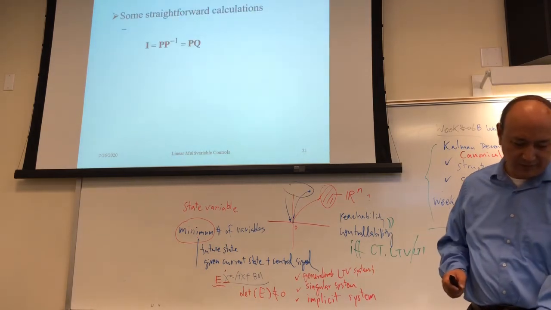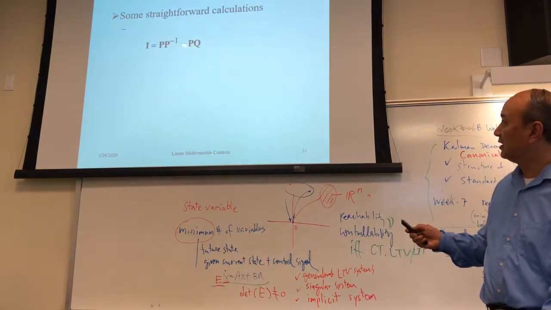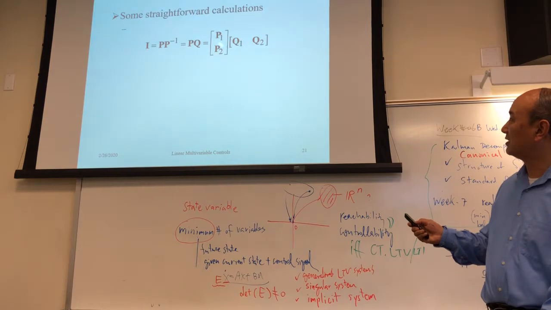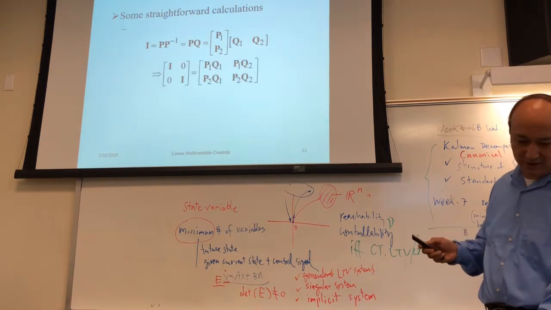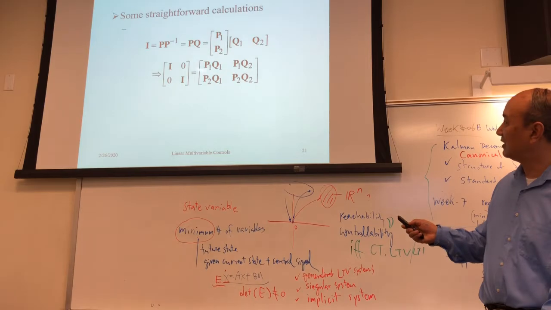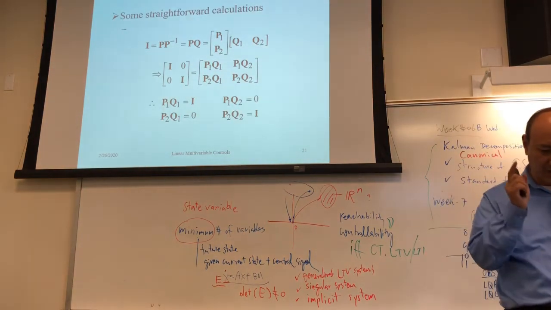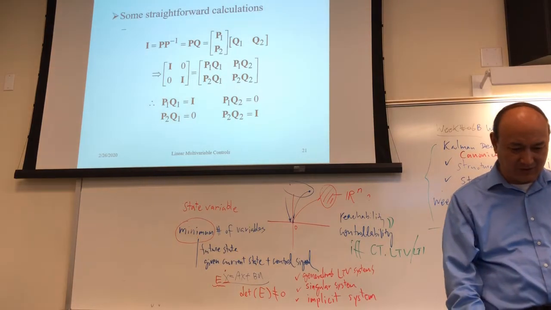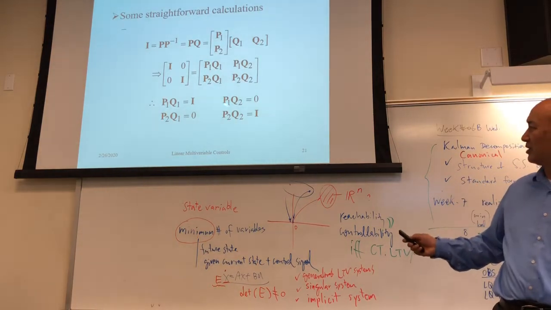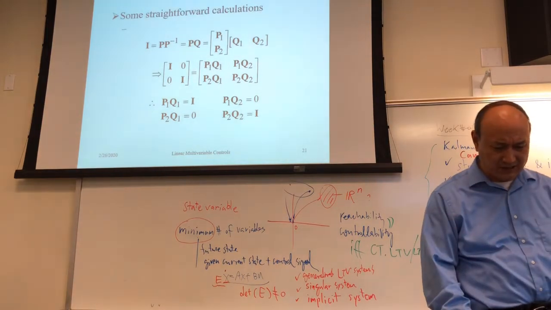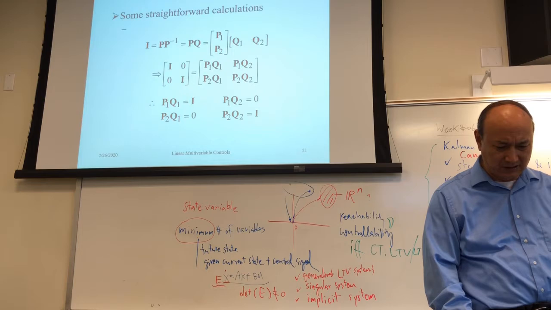Then P times P inverse will be I. Then this is a low rank product. So then you get this one, and here you have these equations. So in other words, we should have P1 Q1 is I, P1 Q2 is 0, P2 Q2 is I. It reminds you of some sort of orthogonal property.